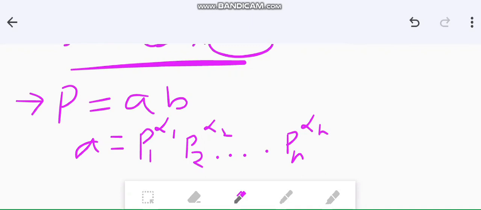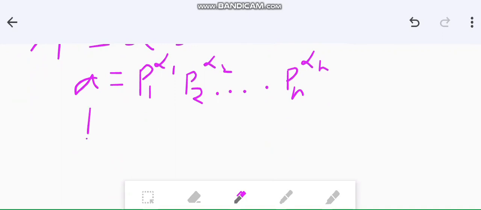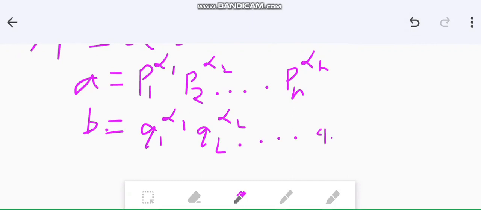Now b can be written as, suppose, q1 to the power beta 1, q2 to the power beta 2, and so on up to qn to the power beta n.